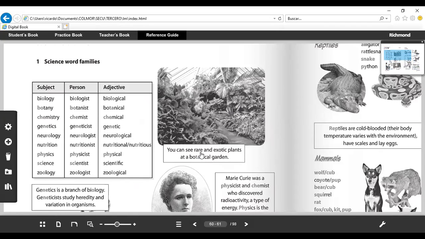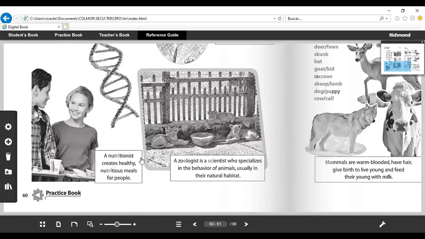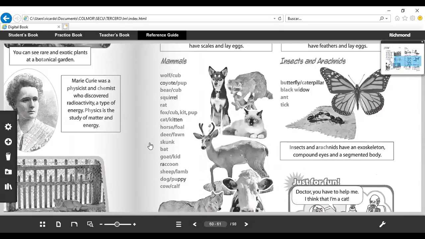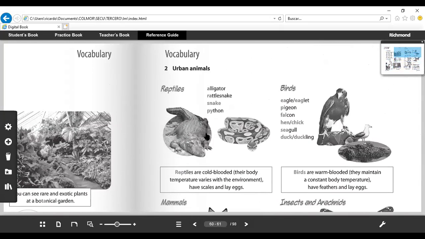It says you can see rare and exotic plants at a botanical garden. Okay, we knew that. A nutritionist creates healthy, nutritious meals for people. Okay, we knew that also. What else do we have over here? We saw this information already.